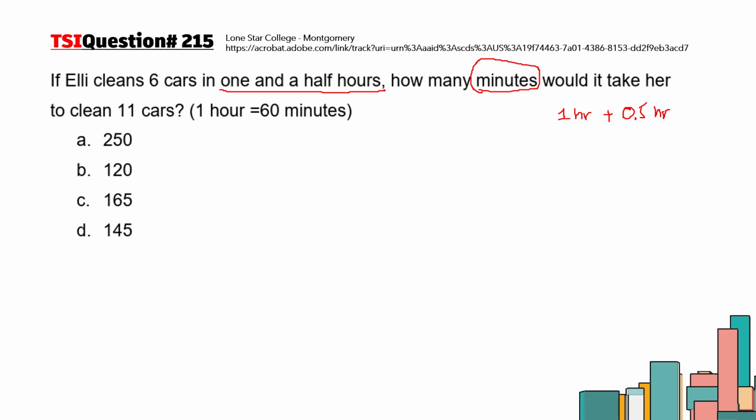It's easier to just say that 1 hour is 60 minutes, and then we add half an hour, which is 30 minutes. Then the total for 1.5 hours is 90 minutes.